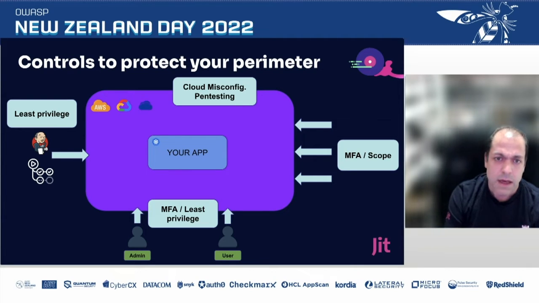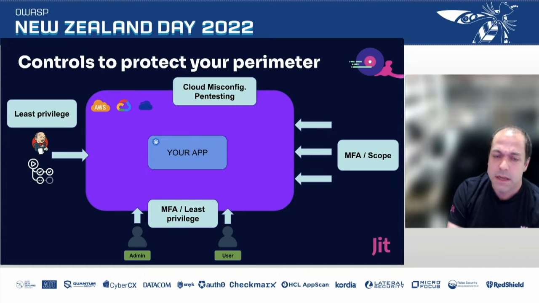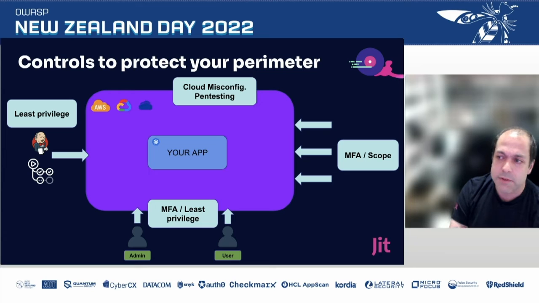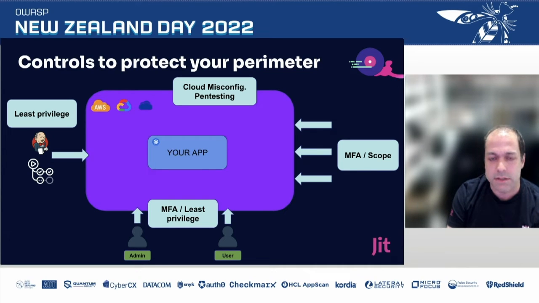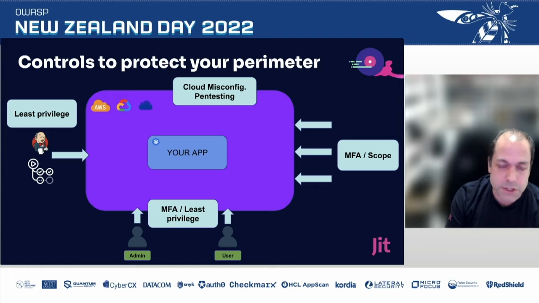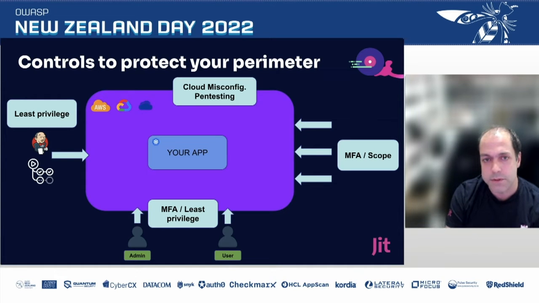And finally, for everything that is public access, public resources, there are two types of control that you can use in order to make sure that there's no misconfiguration. For example, there are tools, and we'll talk about them. You also want to do pen testing to ensure that your application doesn't have any known vulnerabilities. So that's for your perimeter.